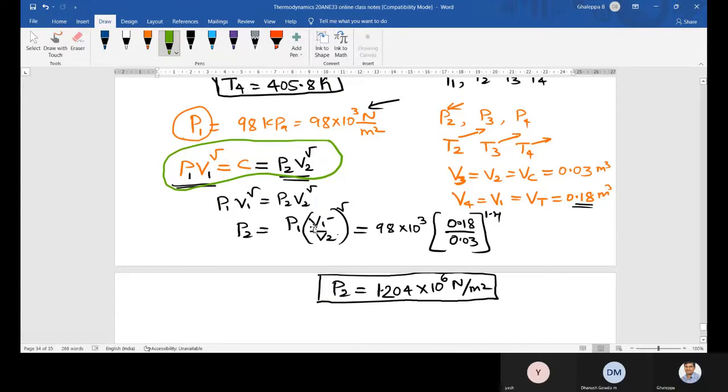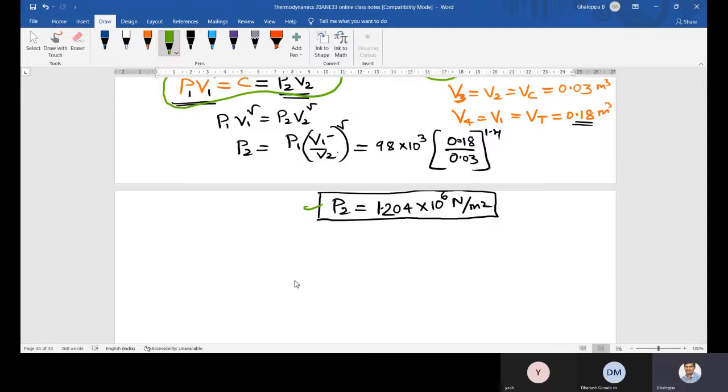Okay. Next, I need P3. I know P2, I know P1, I know T1 also. So using P1, P2, T1 and T2, I need to calculate P3. What is the basic equation, my dear students? The second process is a constant volume process.